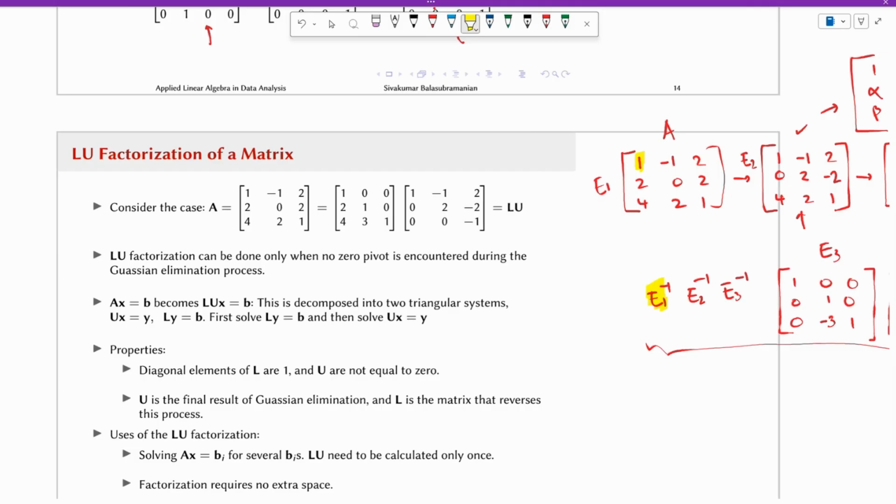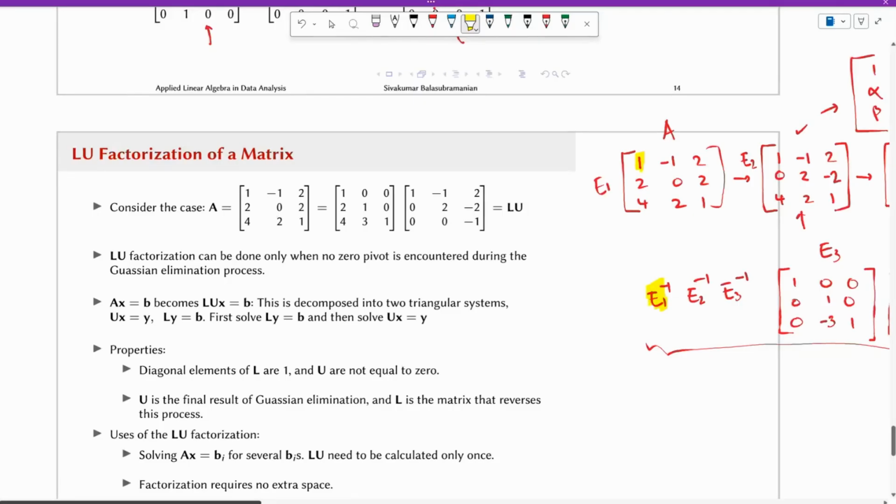We gave it a specific name: back substitution. You find the last value and then go to the previous equation and keep substituting. Once you have the LU decomposition, you can very quickly solve Ax equals b by doing two things: a forward substitution and then a back substitution.